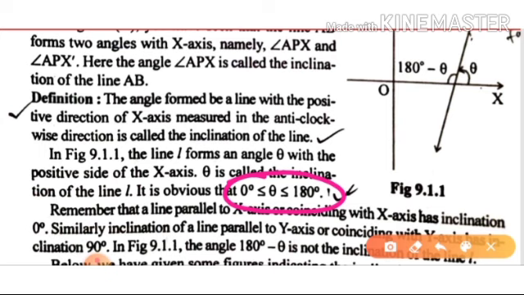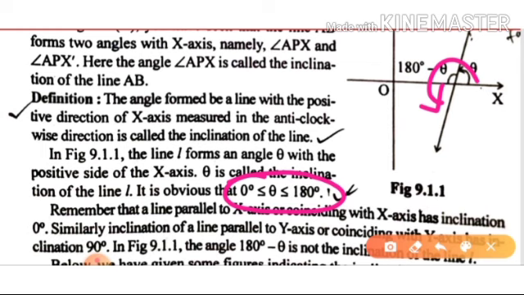We know it cannot cross 180 degrees, because if it crosses the 180 degree mark, although we can measure it, it can also be taken as a positive direction of axis. That one we'll discuss later on.